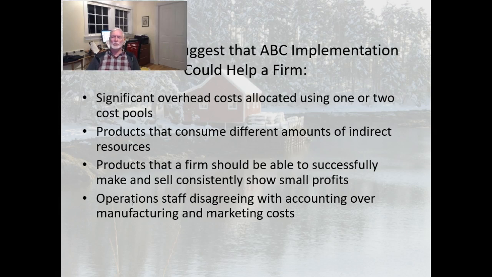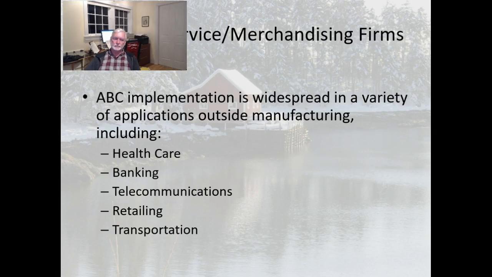So if you've got operations staff disagreeing with the cost allocations that the accounting department is coming up with, then you've probably got a problem, because the operations people often know lots more about where the costs are really coming from than somebody sitting in an office. So listen to those operations people; they often know. If you have disagreements, they're probably accurate.